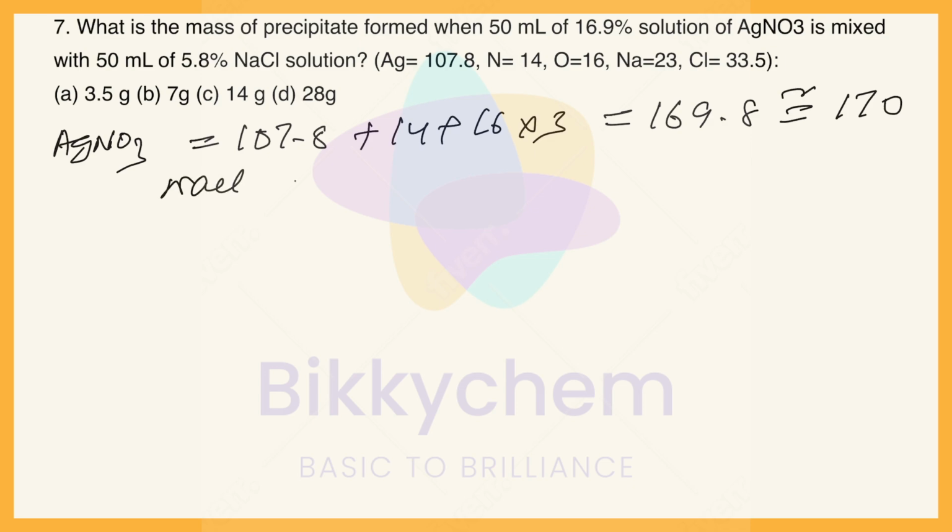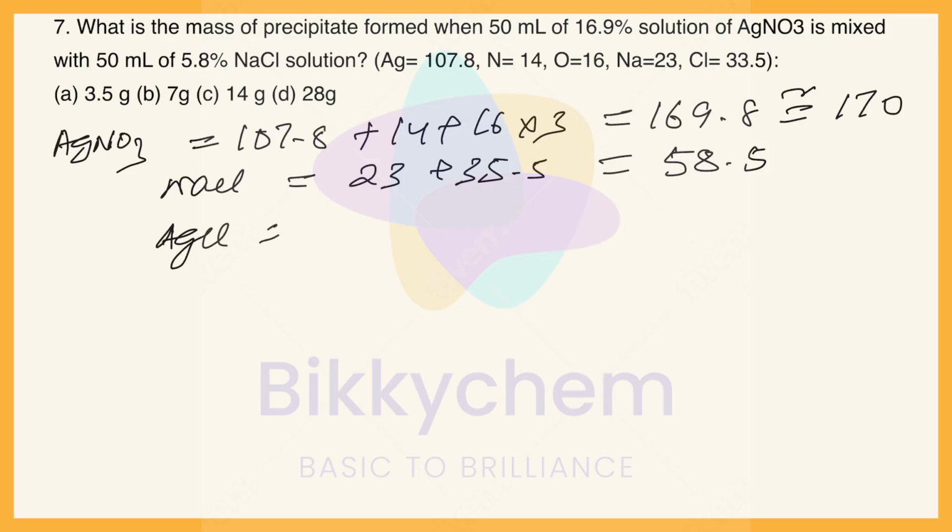Similarly, NaCl is 23 plus 35.5, 58.5. Similarly, AgCl will be 107.8 plus 35.5, it is 143.3 or 143.